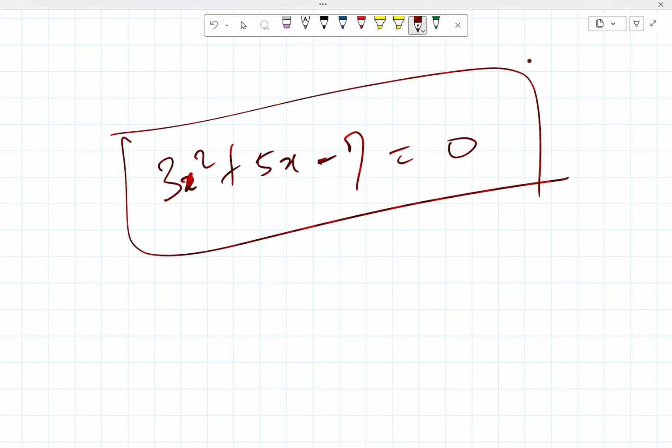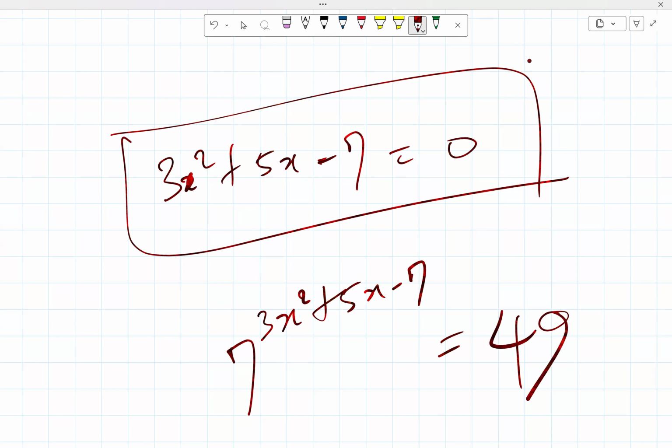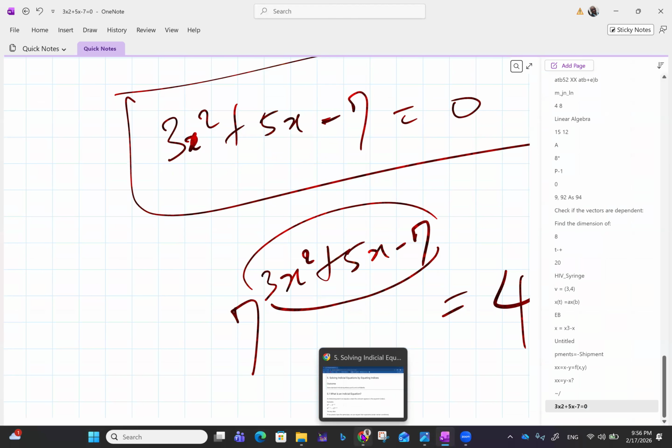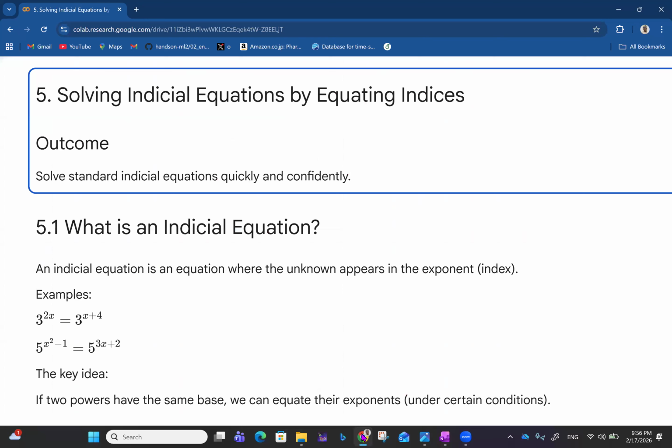But what if you then have, say, 7 raised to power 3x squared plus 5x minus 7 equals something, maybe equals 49? Then this becomes an indicial equation because the unknowns are at the index level, not just the regular polynomials we know. That's a good example of an indicial or exponential equation.